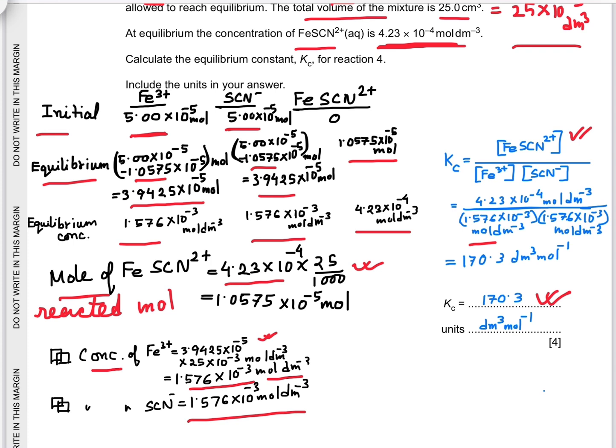We have 1 mole per decimeter cube on top and 2 mole per decimeter cube at the bottom. So, we can cancel and then we will have 1 by mole per decimeter cube. So, we can write dm cube mol^-1. So, the unit is this. Hope you get it.